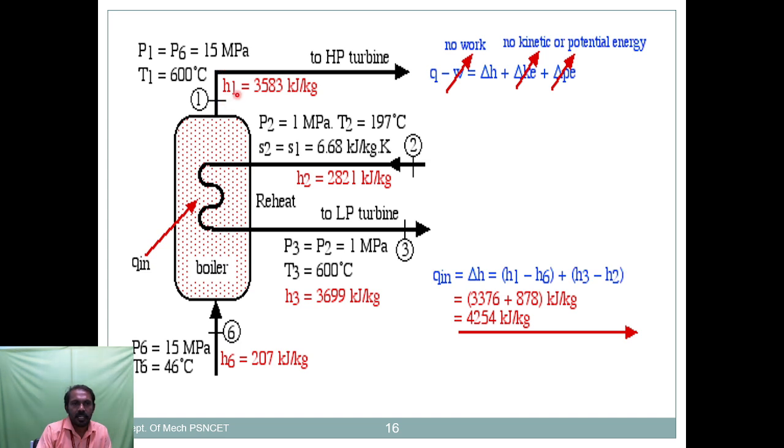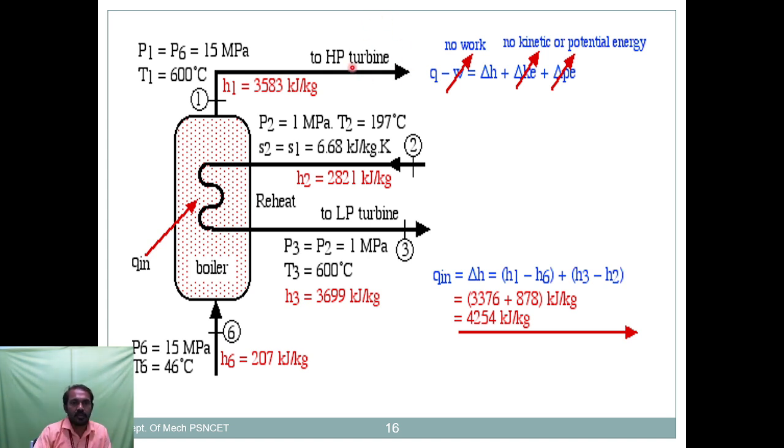Next is enthalpy. Enthalpy is 3583 kilojoule per kilogram. That is our enthalpy. So these input values go to the high pressure turbine. The high pressure turbine releases the pressure, so pressure decreases and temperature decreases. We already discussed that pressure and temperature decrease in the turbine process.